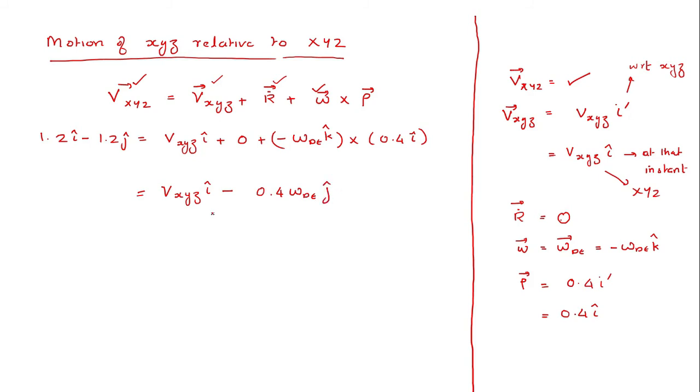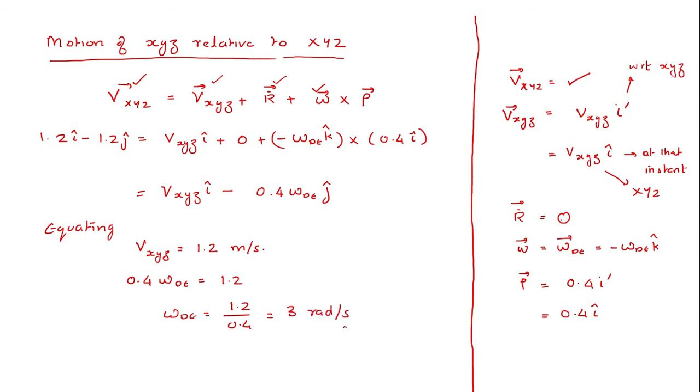Now equating the left hand side and the right hand side, we'll equate the magnitudes of I and j cap respectively. So you will get v small xyz is equal to 1.2 meter per second, and 0.4 omega DE is equal to 1.2, or omega DE is equal to 1.2 divided by 0.4, that is equal to 3 radians per second.